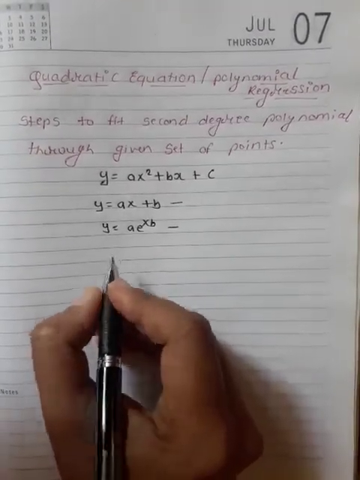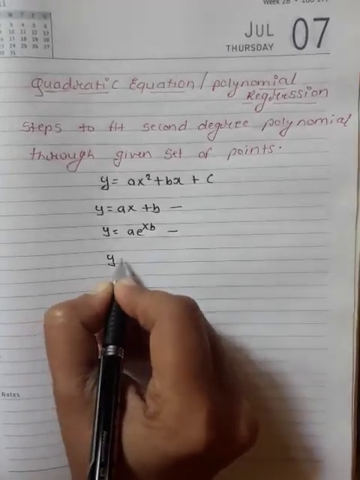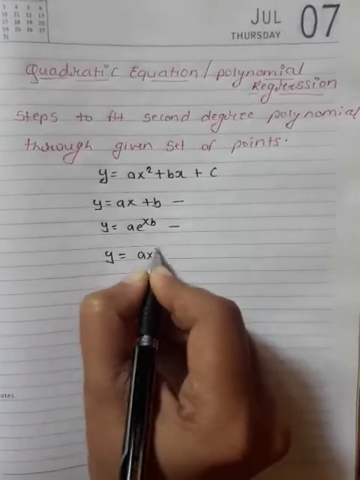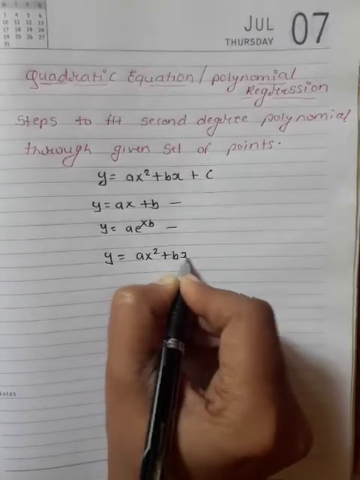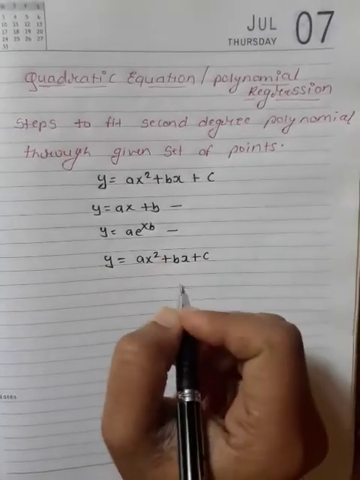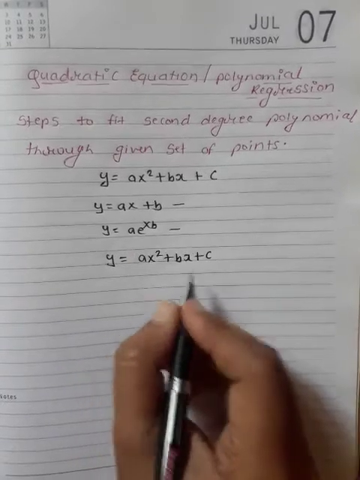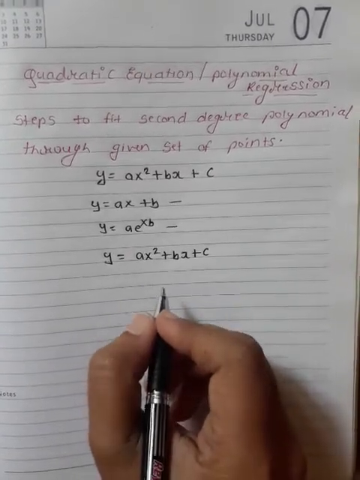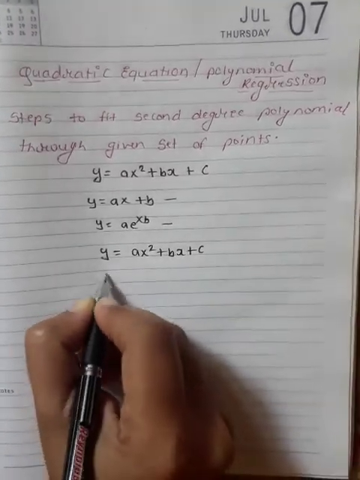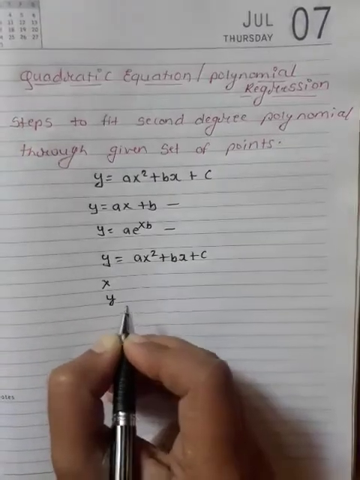Once again I will write this equation: y = ax² + bx + c. This is the quadratic equation, and if you want to solve a numerical based on this equation, the values of x and y will be given to you.